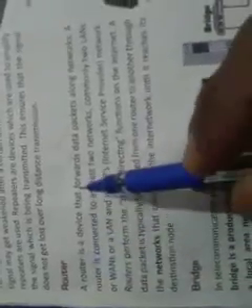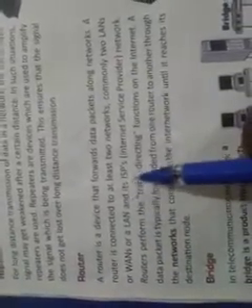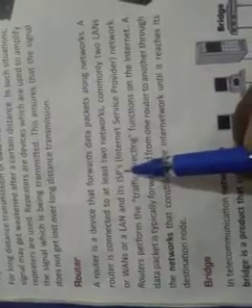Now next one is router. A router is a device that forwards data packets along networks. A router is connected to at least two networks, commonly two LANs or WANs, or a LAN and its Internet Service Provider (ISP) network.